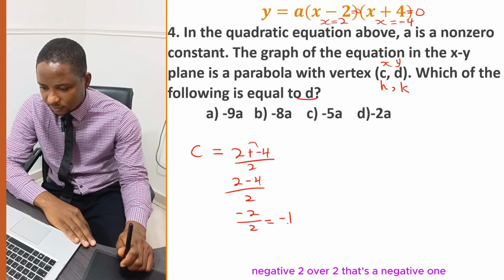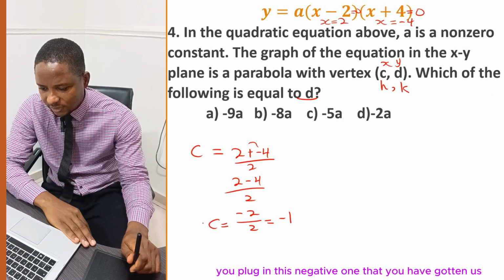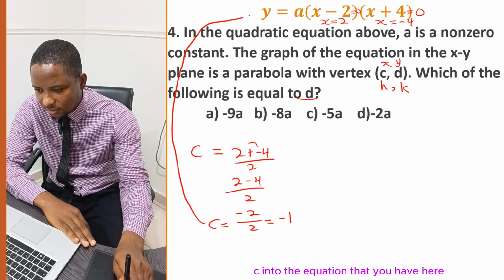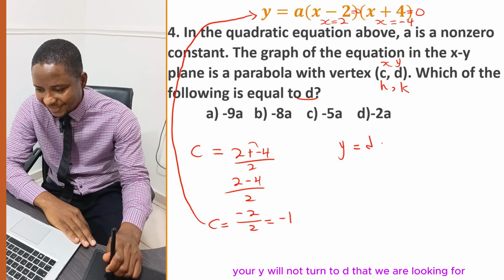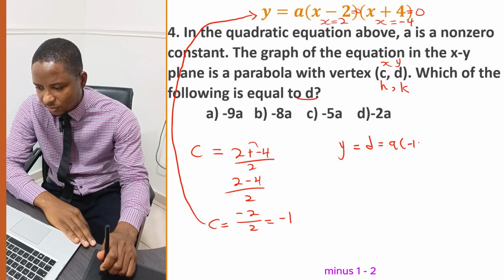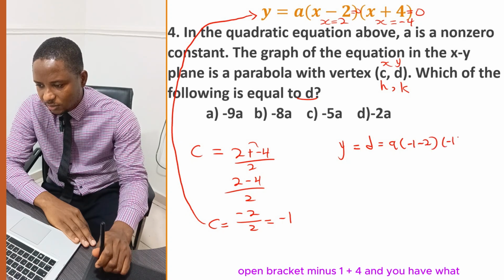That's a negative 1. So you plug in this negative 1 that you have gotten as c into the equation that you have here. So your y will now turn to d that we are looking for. And that will give you a into what is your x? That's minus 1, minus 2, open bracket, minus 1, plus 4.